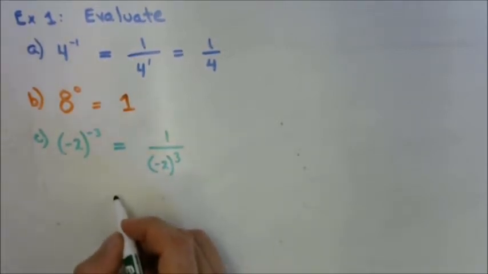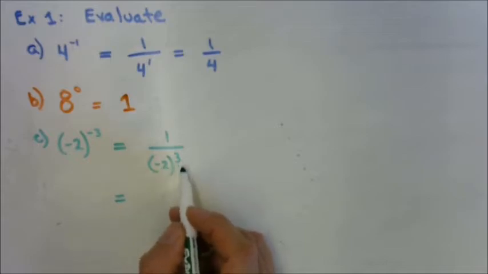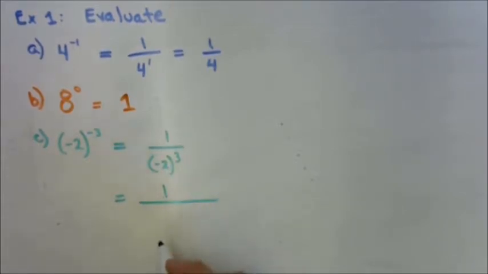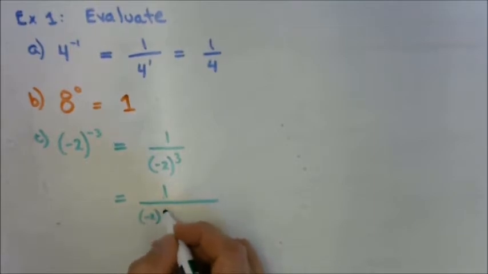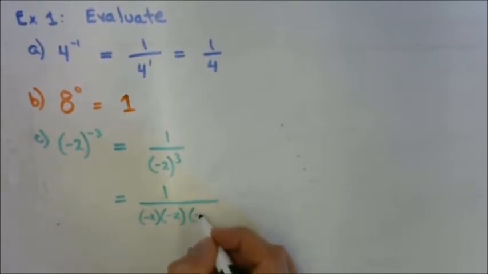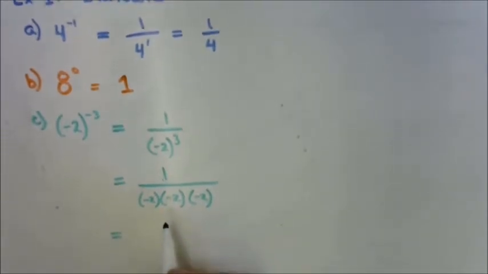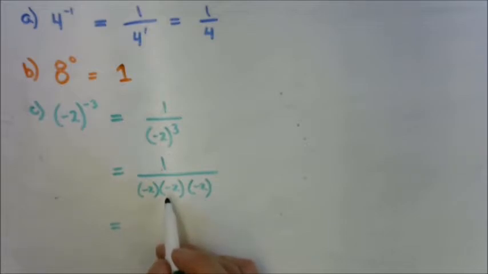But now we can use Isaiah's strategy, and we know how to expand this, right? We still have 1 in the numerator. The denominator could be negative 2 times negative 2 times negative 2. Negative 2 times negative 2 is positive 4 times negative 2, negative 8.